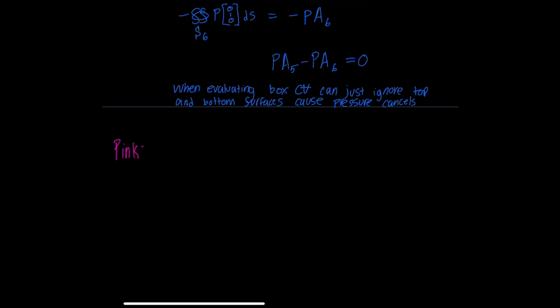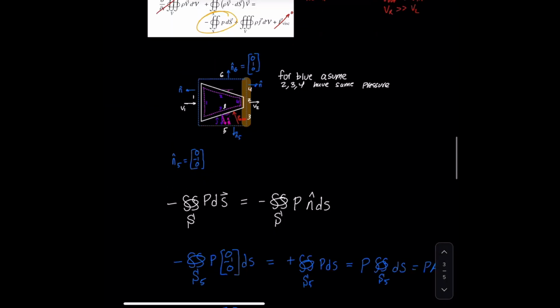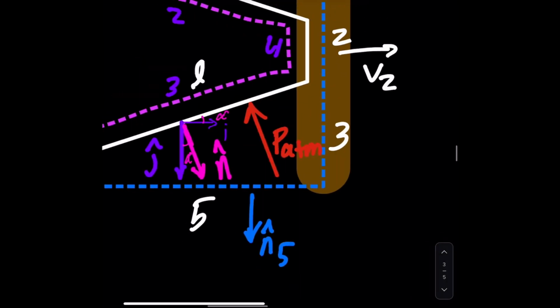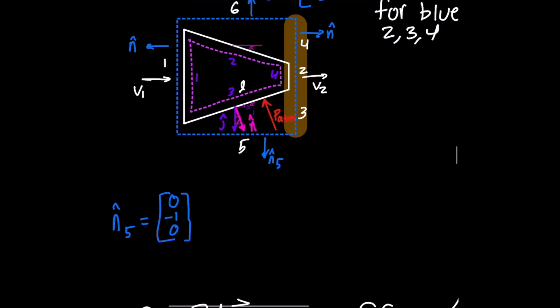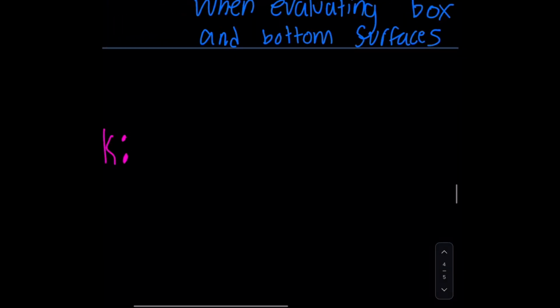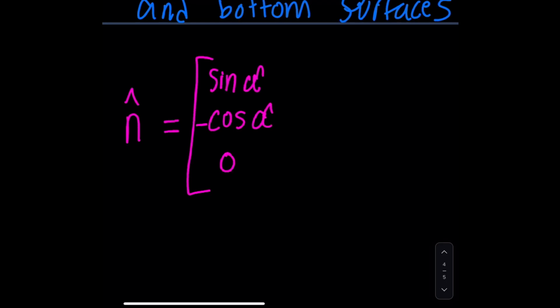So now let's look at the pink. This seems a little bit more complicated, but it's not that bad. So we've got the normal vector at an angle. And so if we write the components of the normal vector, it comes out to sine alpha, negative cosine alpha, and 0.